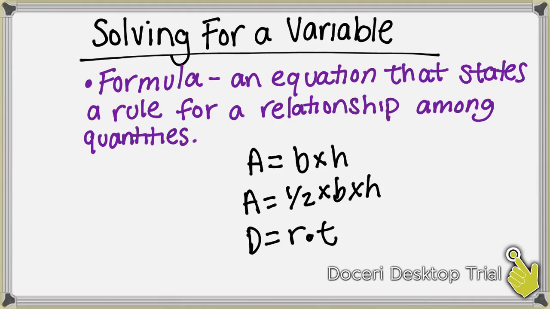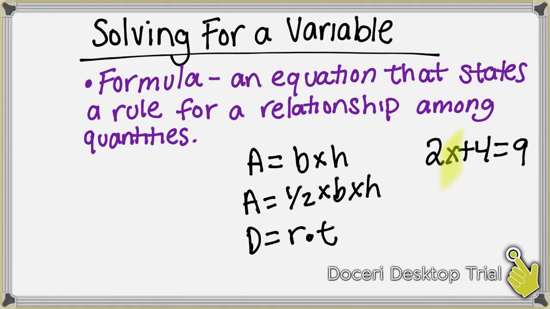Now, you'll notice that all these formulas have multiple variables. We're used to equations that say something like 2x plus 4 equals 9, and there's only one variable. The variable here is x, right? Even when you have variables on both sides, everything up until now has been the same variable.